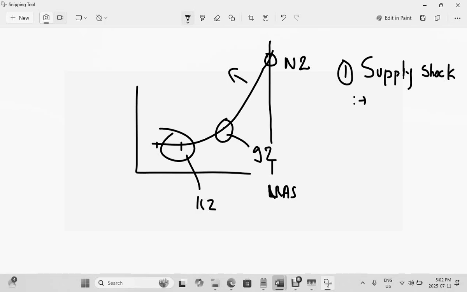So this has to do with crude oil prices, let's say if they change because of things like conflicts, as well as things like tariffs.